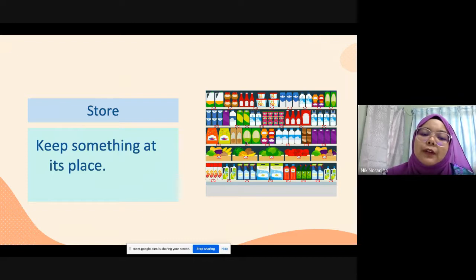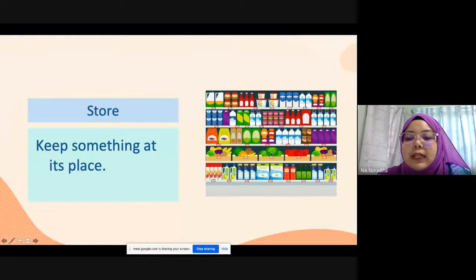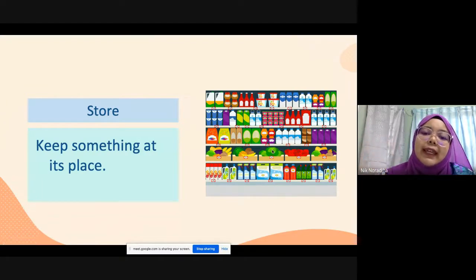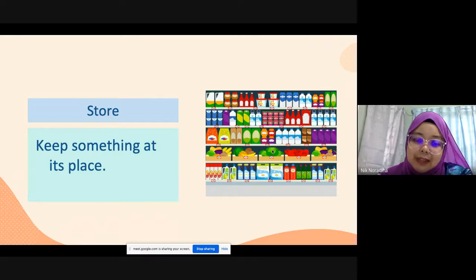So this food and also the water here, they store on the shelf. Store means we keep something at its place. Before this, teacher already gave you the example: after you play with your toys, you have to store them back. That means you have to keep them back at their place. So that is what store means.